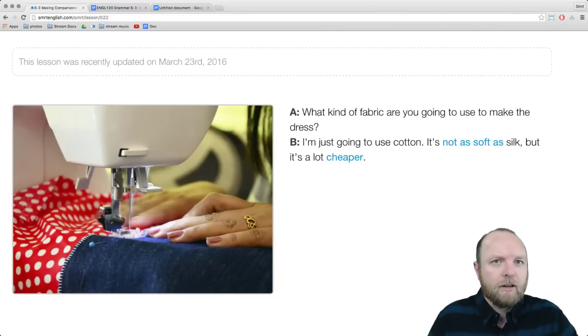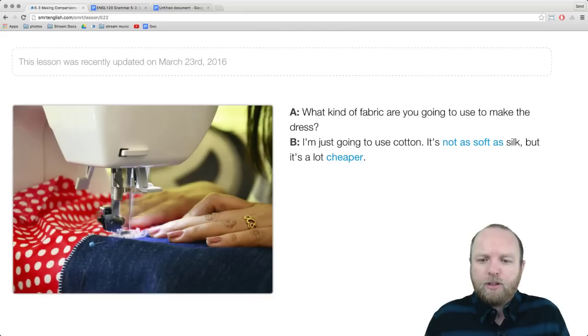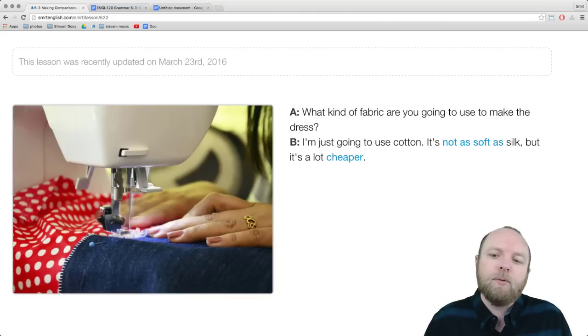You can see here this is fabric. We call this fabric. And one person says, "What kind of fabric are you going to use to make the dress?" And the person answers, "I'm just going to use cotton." Cotton is a kind of fabric.